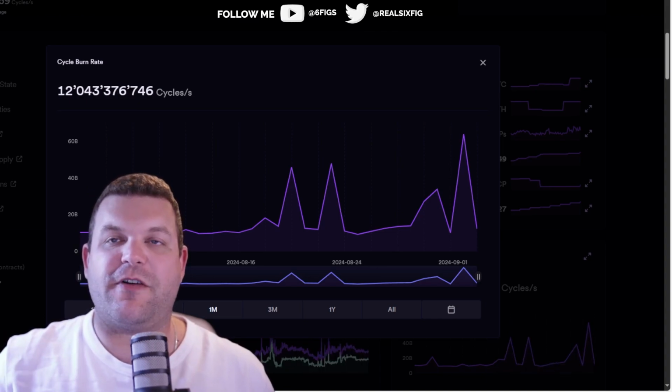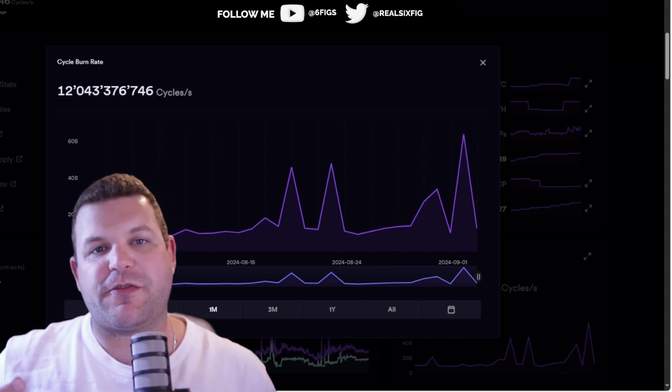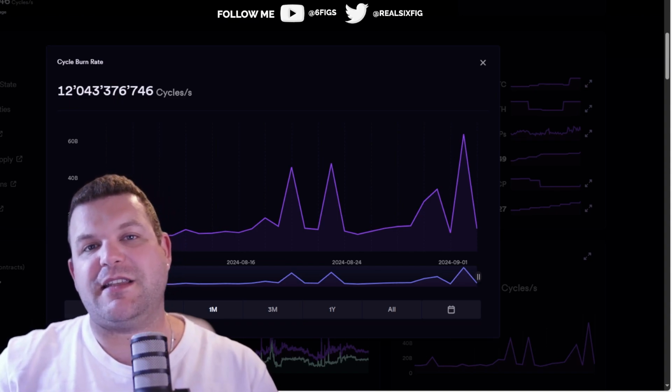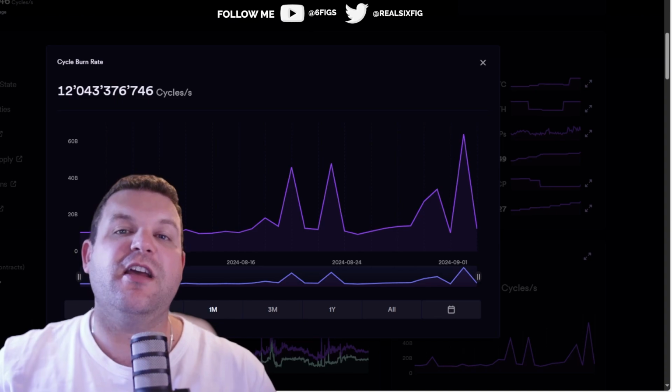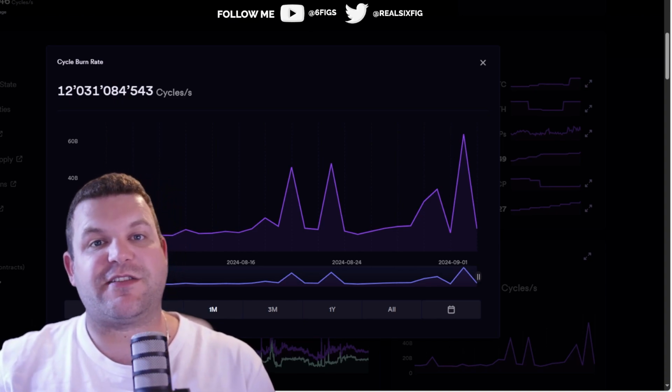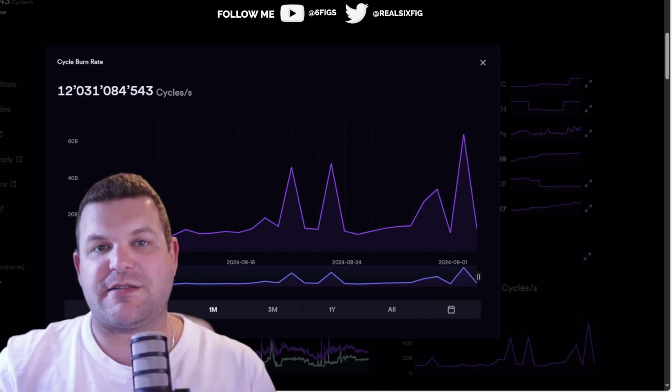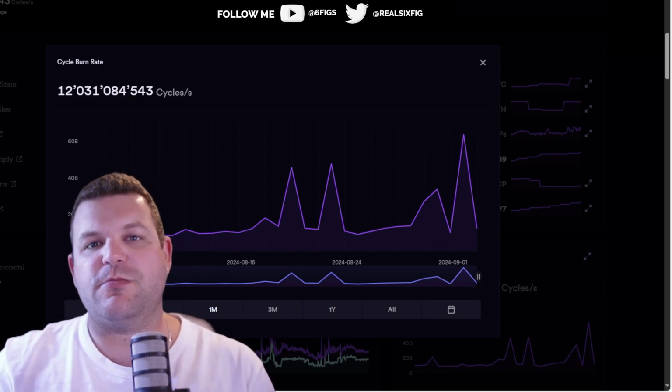The downfall here is that if a developer forgets to top off these canisters, the applications will stop functioning. Luckily, there is an easy fix: they can just dump more cycles into these smart contracts and things will resume normally.